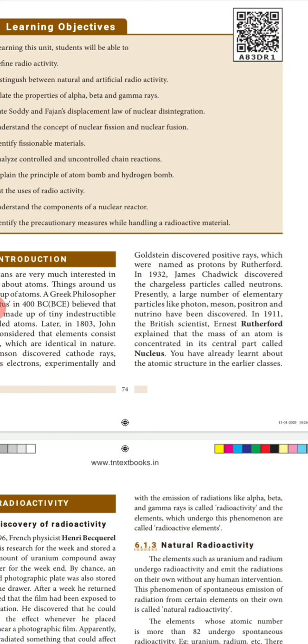Chadwick discovered the neutron. Apart from these, positron, photon, meson, neutrino, all elementary particles are also present. Then last came Rutherford. He told that the mass of the atom is concentrated in the central part called nucleus. All these things you would have studied in your earlier classes.